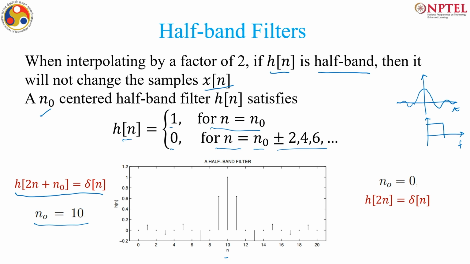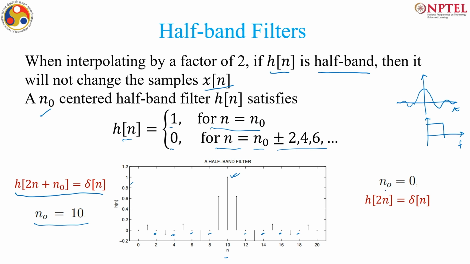Why? Because if you see, this has a value of 1 at n naught, and the other even indices, that is n naught plus 2, n naught plus 4, n naught plus 6, n naught plus 8, or on this side n naught minus 2, minus 4, minus 6, minus 8, are all zeros, and the remaining values look like a sinc.